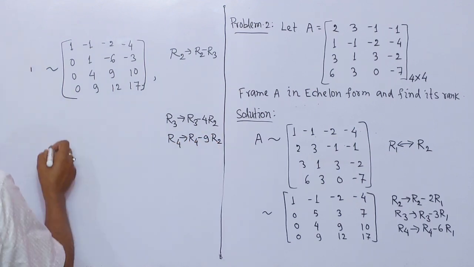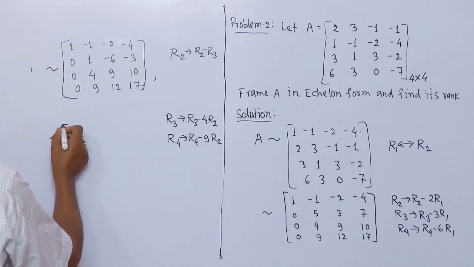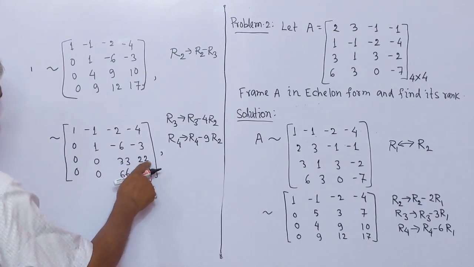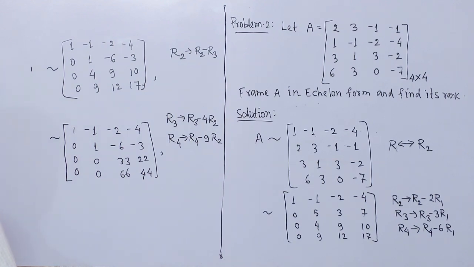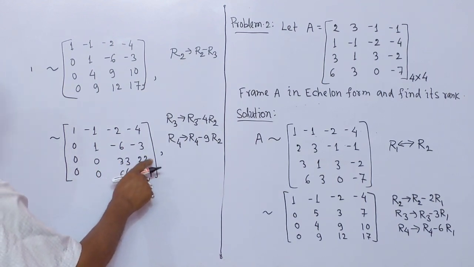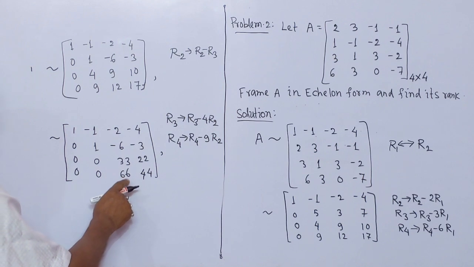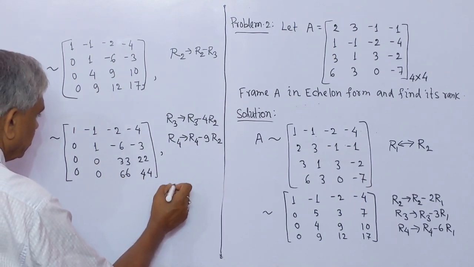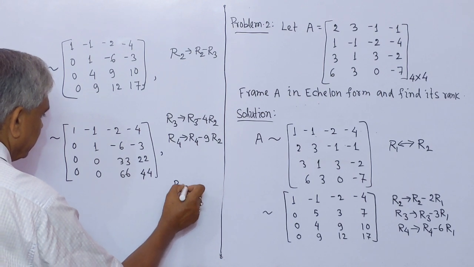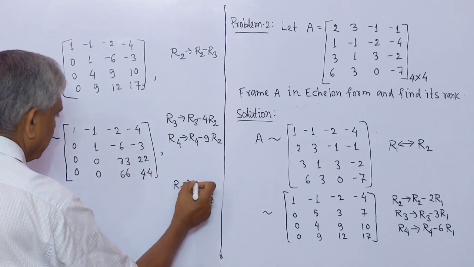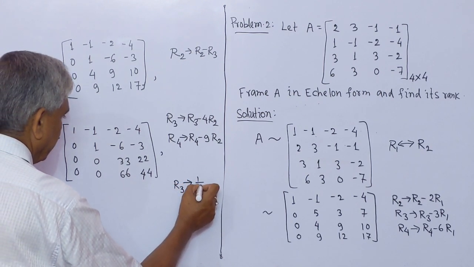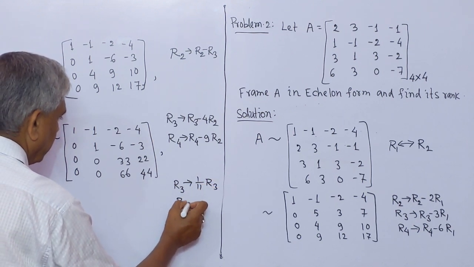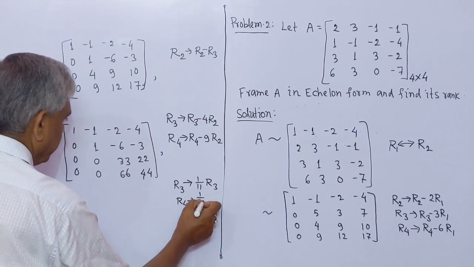And we get the matrix. We divide the third row by 11 and the fourth row by 22. Third row R3 in place of R3, 1 by 11 R3, R4, 1 by 22 R4.